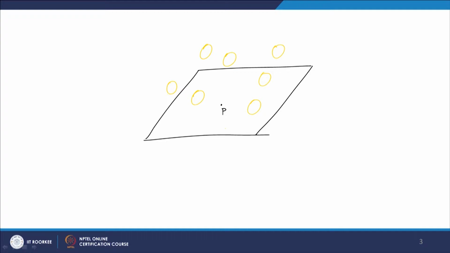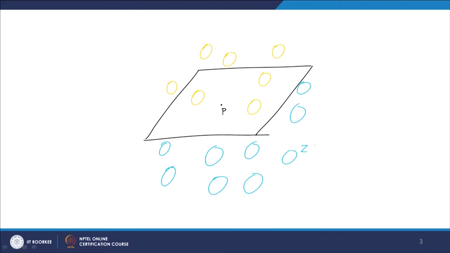So, for the time being, what we have is, just to do a neat drawing, a plane containing point P, and then there are particles which are above the plane and particles which are below the plane.